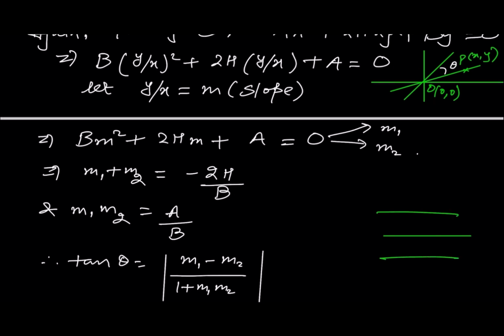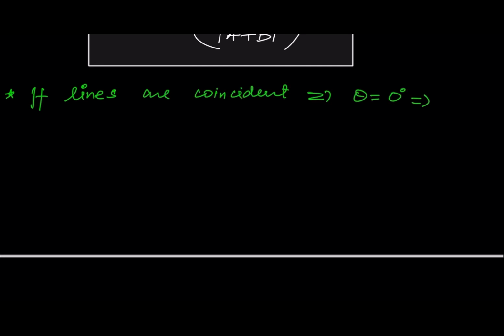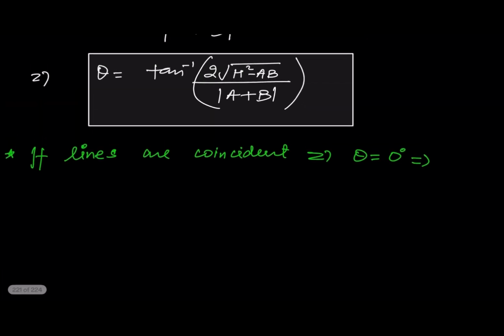Lines should be taken together, right? That's why I am taking coincident lines. So if lines are coincident, it implies theta is equal to 0 degree, implies tan theta is 0, implies h square is equal to ab.